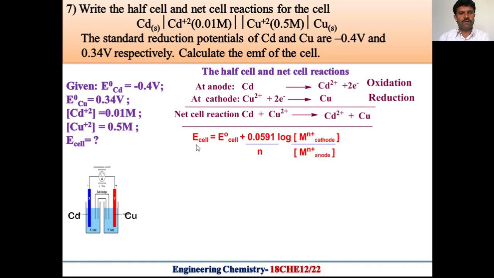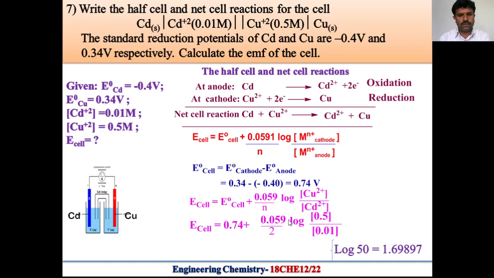And the EMF of the cell is equal to E naught cell plus 0.0591 divided by n log of the concentration of the solution at the cathode divided by the concentration of the solution at the anode. So the E naught cell value is E naught cathode minus E naught anode. Cathode is copper here, 0.34, minus the anode, cadmium, minus 0.40. E naught cell value is equal to 0.74 volt.